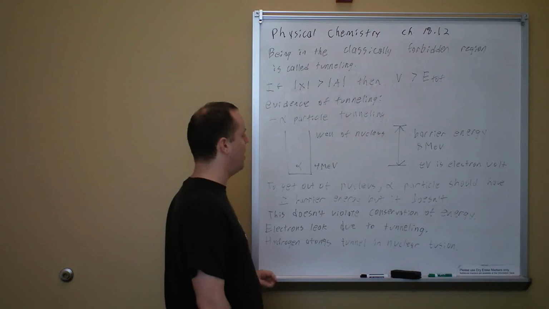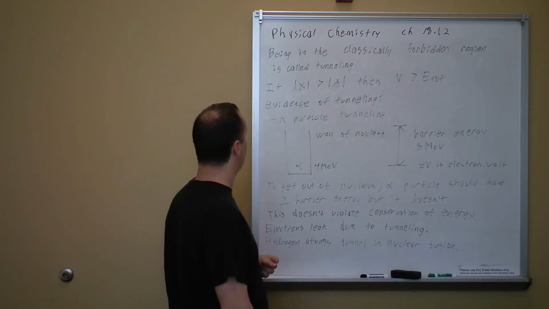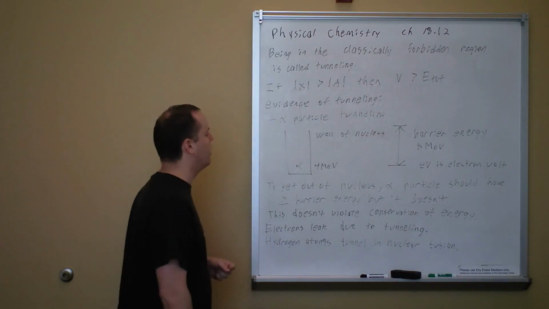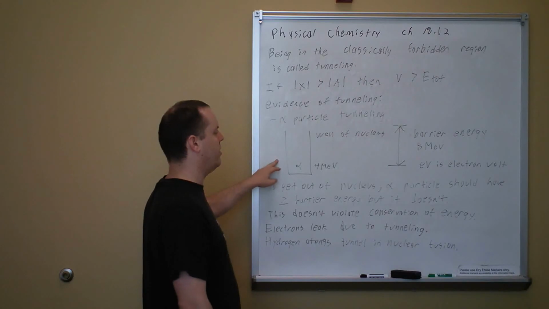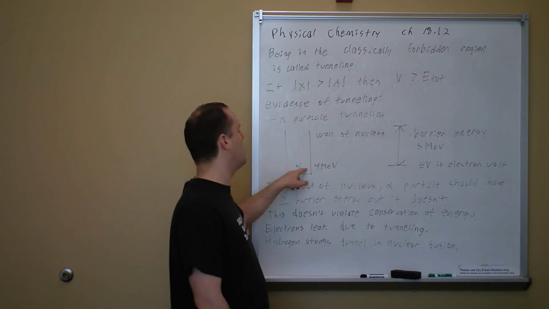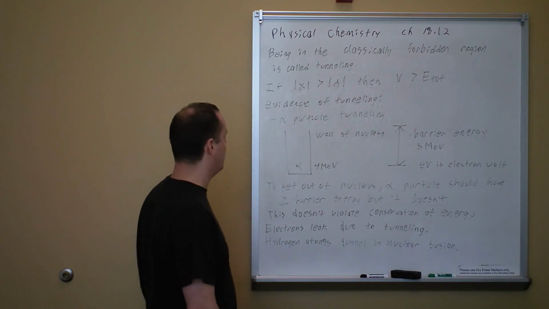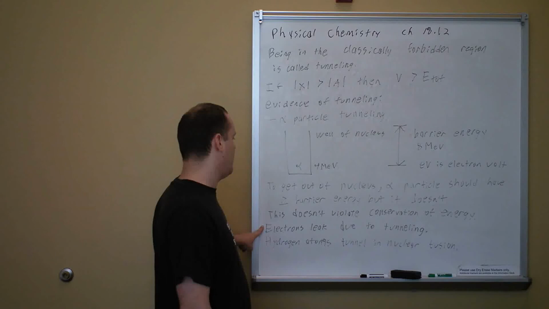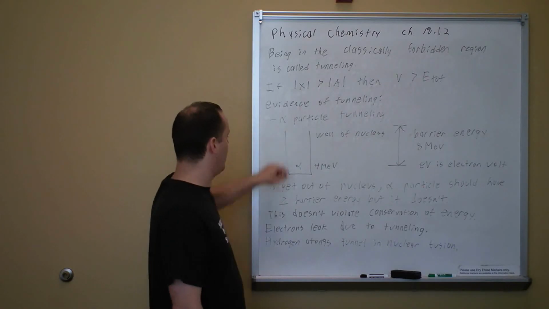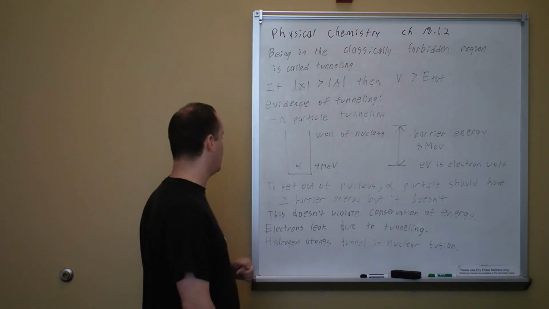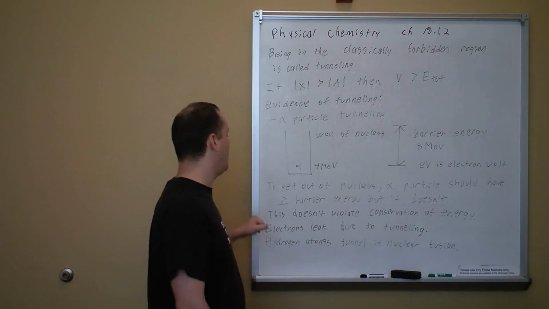It does not have enough energy to do so. But as you know, there is such a thing as radioactive decay, and the reason it happens is just because there is a probability that it can happen based on the quantum mechanics probability distribution function.